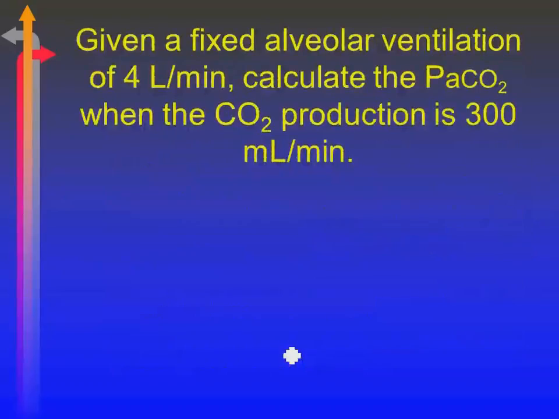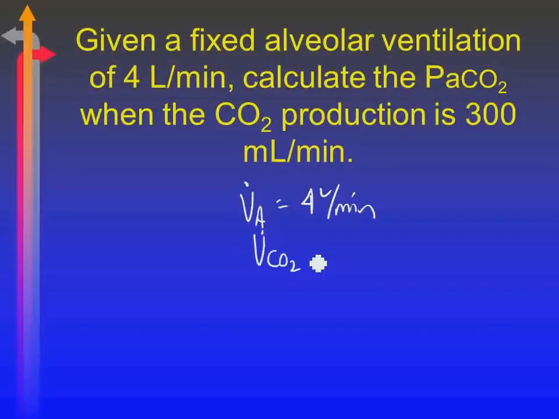So, given a fixed alveolar minute ventilation of 4 liters per minute, calculate the PaCO₂ when the CO2 production is 300 milliliters per minute. So how do I solve for PaCO₂?